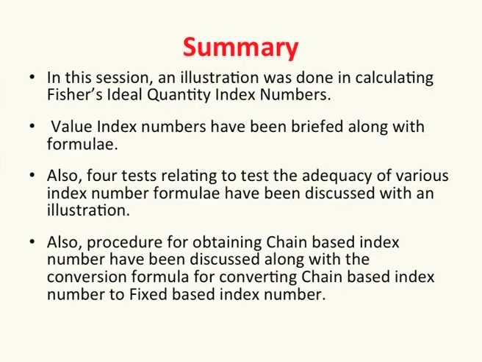Also, the criterion for a good index number and the tests of adequacy to be satisfied by the various formulae were discussed, and an illustration was done showing how Fisher's ideal index formula satisfies the time reversal test and factor reversal test. Also, the procedure to compute a chain based index number was done.